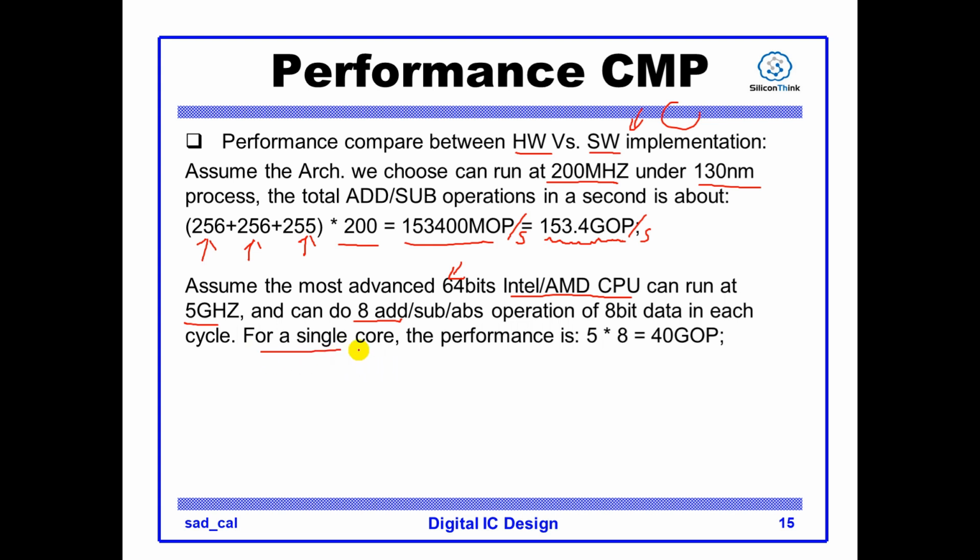So for a single core, the performance is about 5 GHz and 8 data, either 8 sub or 8 absolute. So the performance is just 40 giga operations per second. So you can see the small design you design here outperforms the most advanced CPUs.